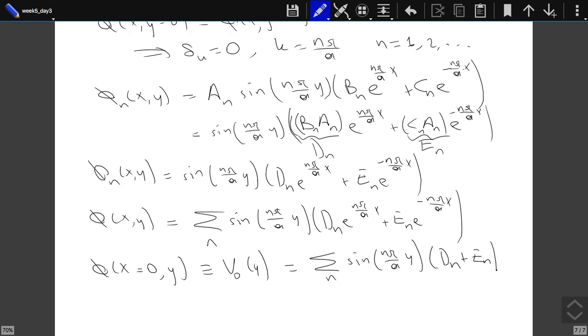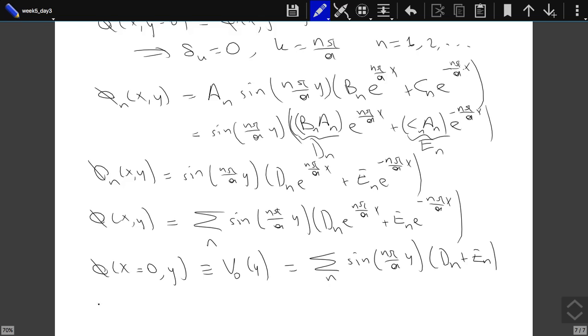So in this case, dn plus en, these coefficients are the coefficients of the Fourier sine series of v0 of y. Of course, this is not enough to determine all dn and en, because this will only tell me what dn plus en is. If I want to determine dn and en, I need one more condition on them.